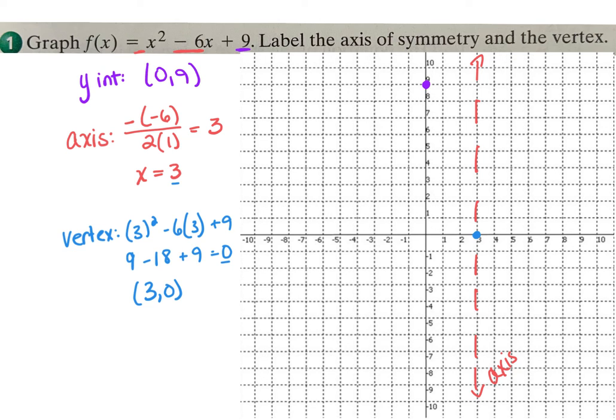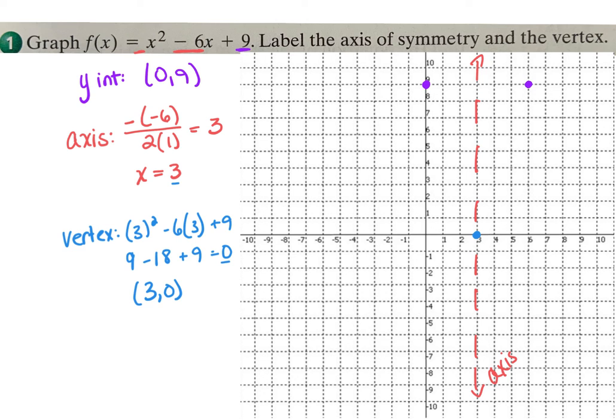And then since I already have my y-intercept up here, all I have to do is count how many units away it is. So it's 1, 2, 3 away from this line. So if I go 1, 2, 3 over, I can put a point right there as my other point to graph to. All right.